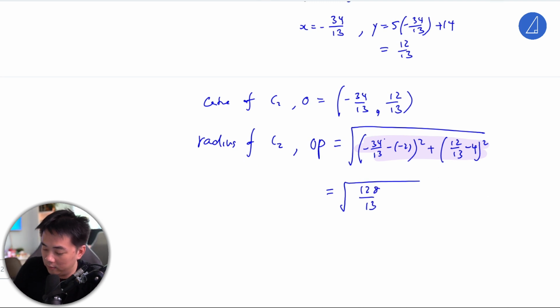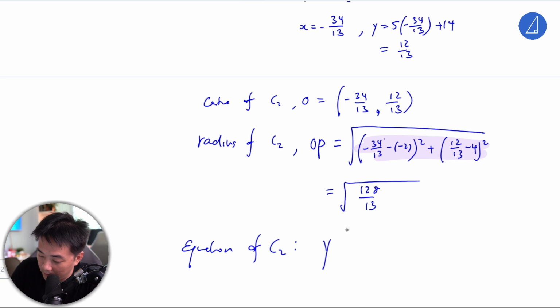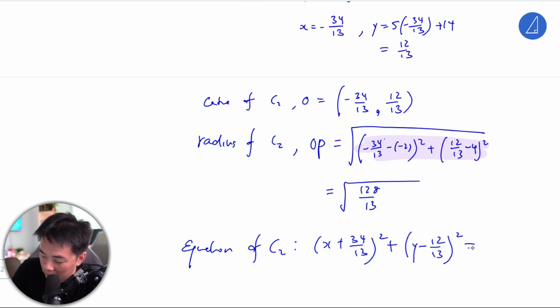So the equation of C2 will just be, maybe I'll use x first, x minus the center, so it's x plus 34 over 13 squared, plus y minus 12 over 13 squared, equals to, square this, so it's 128 over 13.